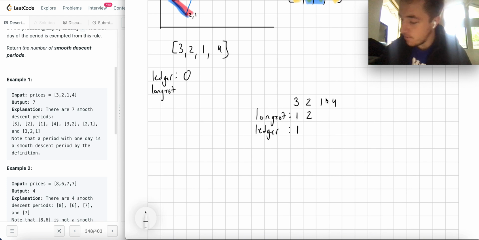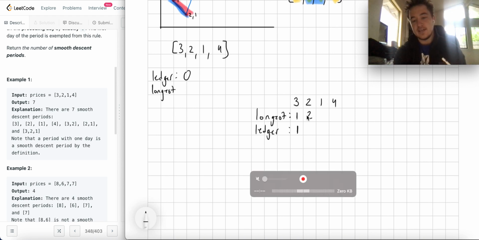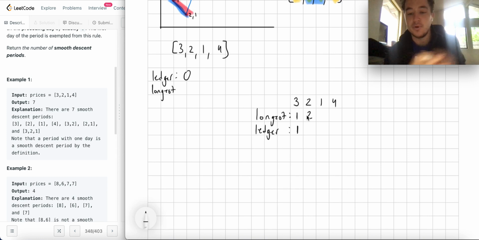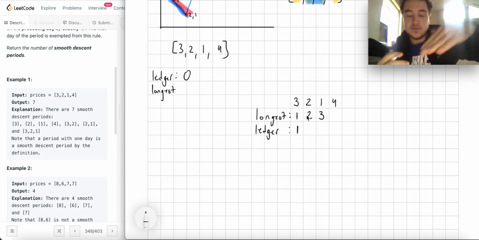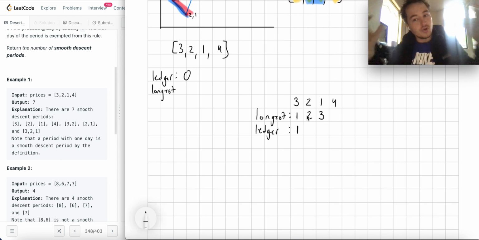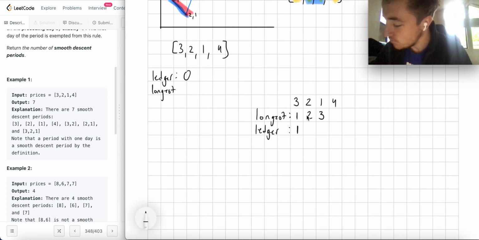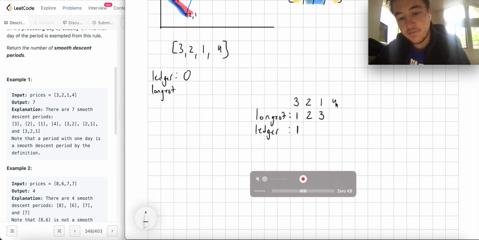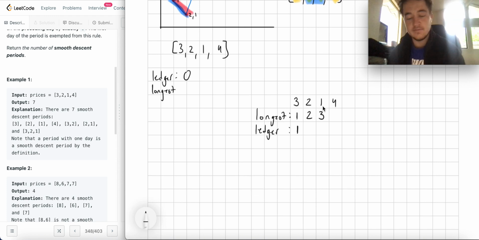So now we have a longest period of length 3. So it's whatever the previous day's longest period is, and we just add 1 to it. Because if the previous day has a smooth descent of length 2, and the one we're encountering now is also a smooth descent, that means we have a total smooth descent length of 3. And then when we look at 4, well, 4 is definitely not 1 less than 1, so it restarts as the longest descent of length 1.